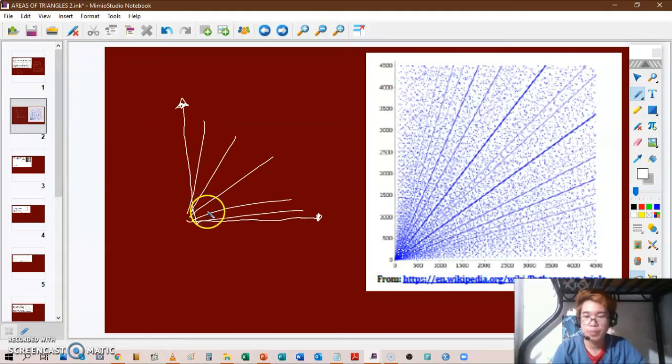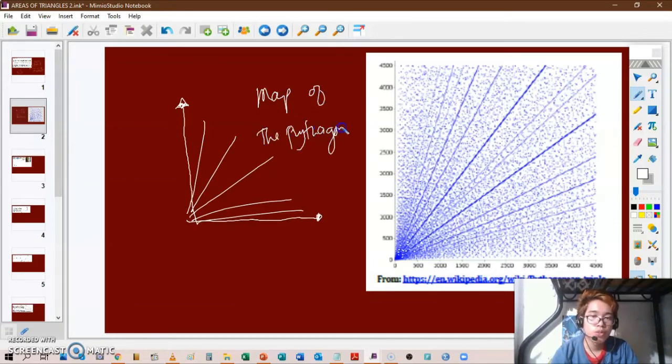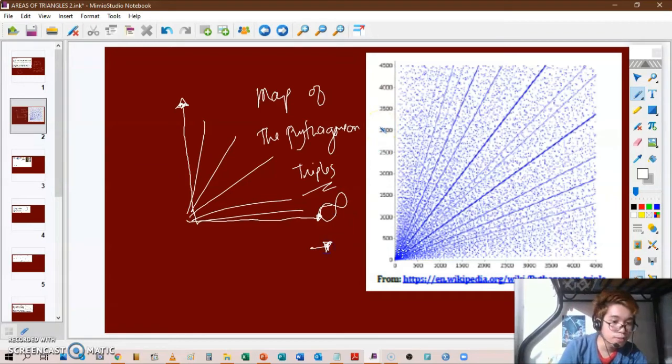This is the map of the Pythagorean triples. Since the numbers are infinite, the Pythagorean triples are also infinite in nature. They extend without end, and this pattern repeats itself throughout infinity.